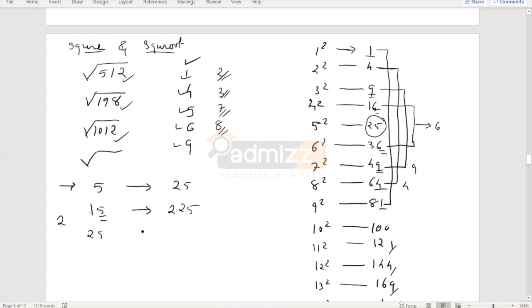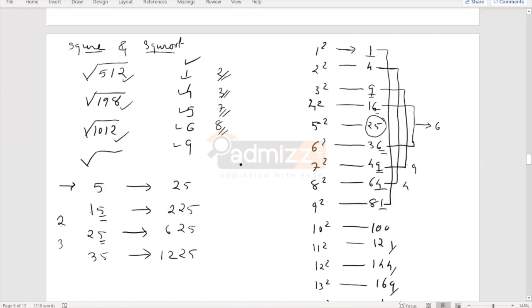Now 25 square: the last digit is 5, so 25. Increase 2 by 1, the number will be 3, 3 multiplied by 2 is 6, so 625. Similarly for 35, you get 25 and add 1 to 3 to get 4, 4 times 3 are 12, so you get 1225.